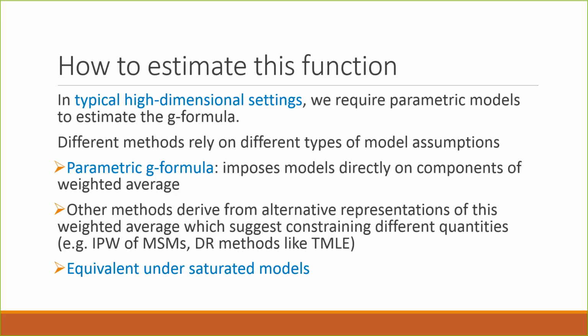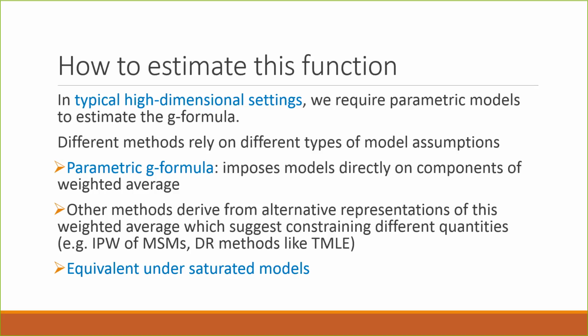So, for example, IPW of MSM derives from understanding that this weighted average has an equivalent representation as a function of inverse probability weighted means. If I add another assumption called a marginal structural model, I can even put more parametric assumptions on things to further deal with recursive dimensionality. There are doubly robust methods like targeted maximum likelihood estimation. There are workshops going on both of these here.